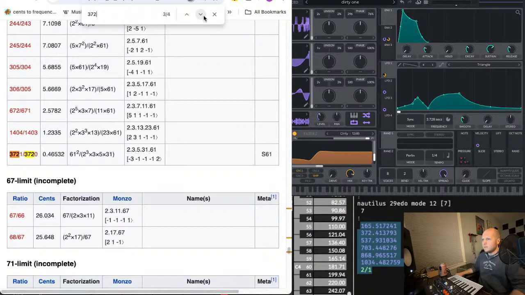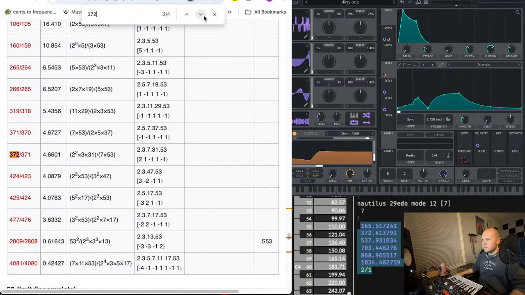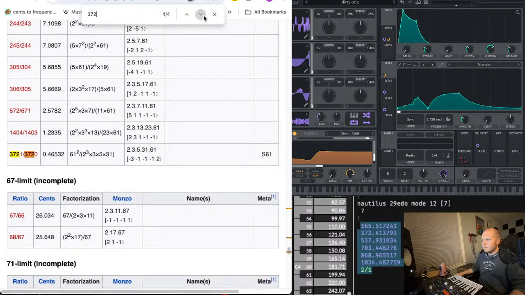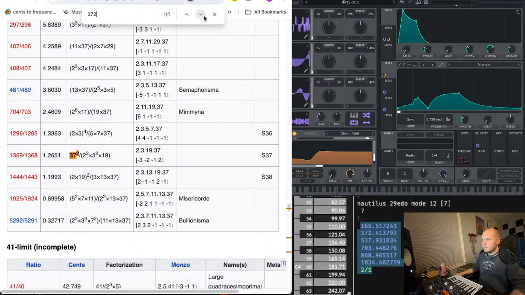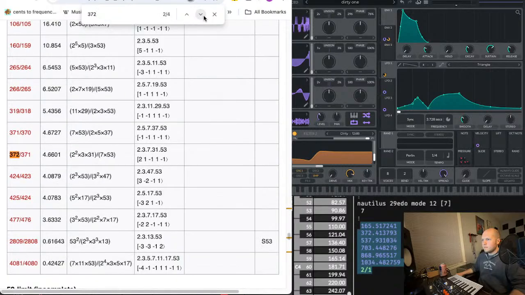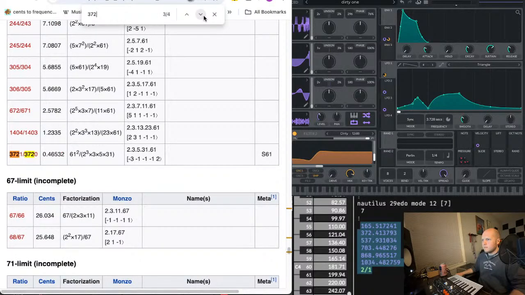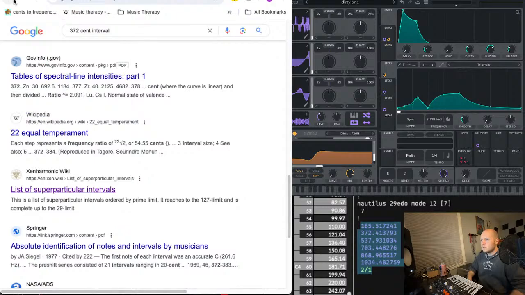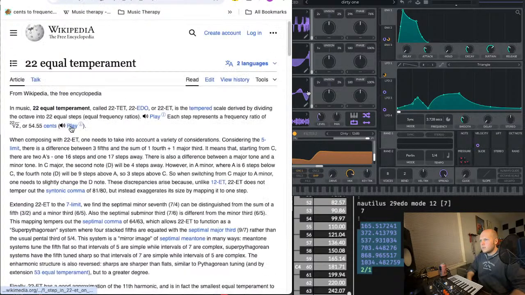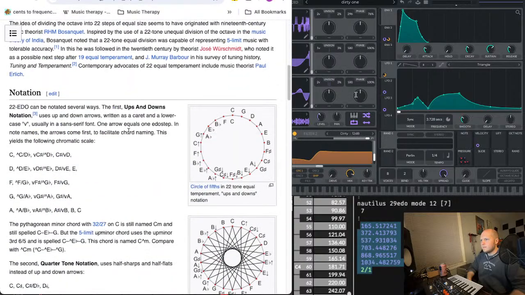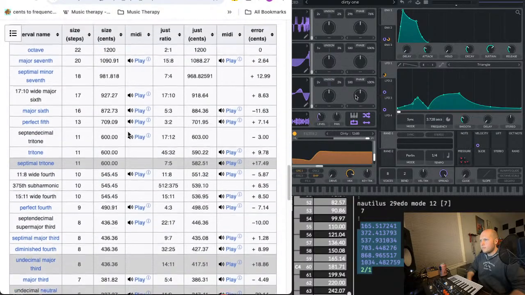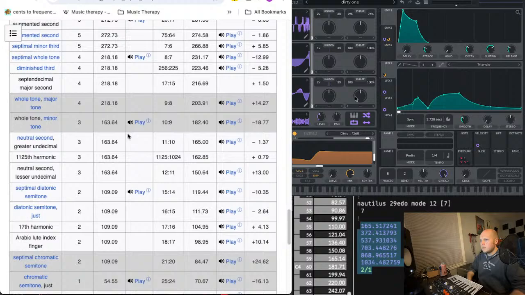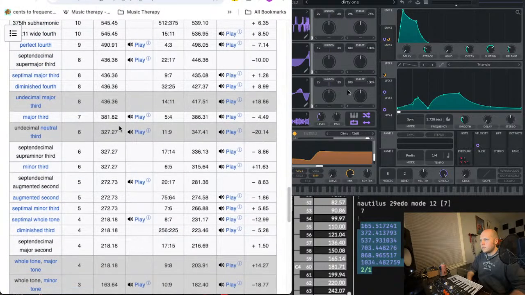No. Looking for a cent value. You're not going to find a super particular ratio that's that wide. These are all going to be relatively small. Oh, that popped up. Is there one close to that in here? No. Oh, it's this.